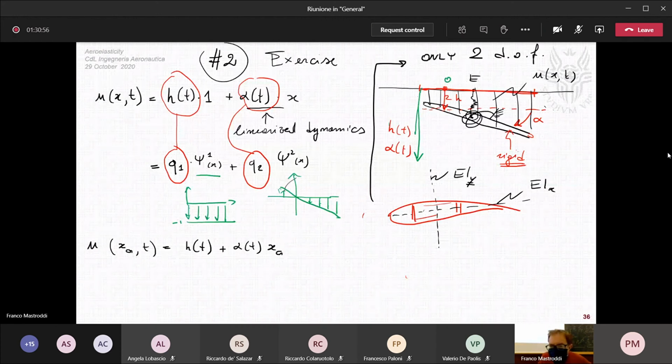And this offset is the coordinate of the elastic center. The elastic center is the point where you have fixed the springs. And here you have the center of mass in the deformed configuration, like G here. This other offset.